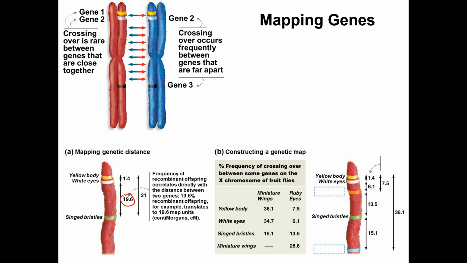So the recombination frequency between these two genes is 19.6, so this is 19.6 map units. The distance between yellow body color and white eyes is 1.4 map units. This adds up to a total distance between singed bristles and yellow body of 21. So based on the map units, you can determine the arrangement of the genes along the chromosome.